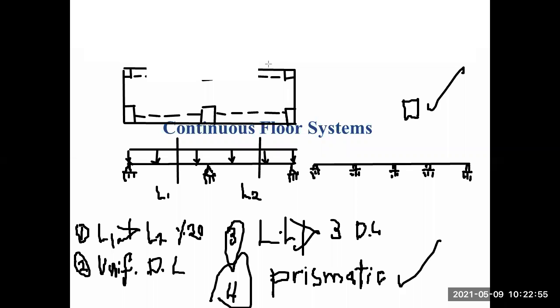It would be an L shape. Yeah, exactly. How about the other side? The other side?